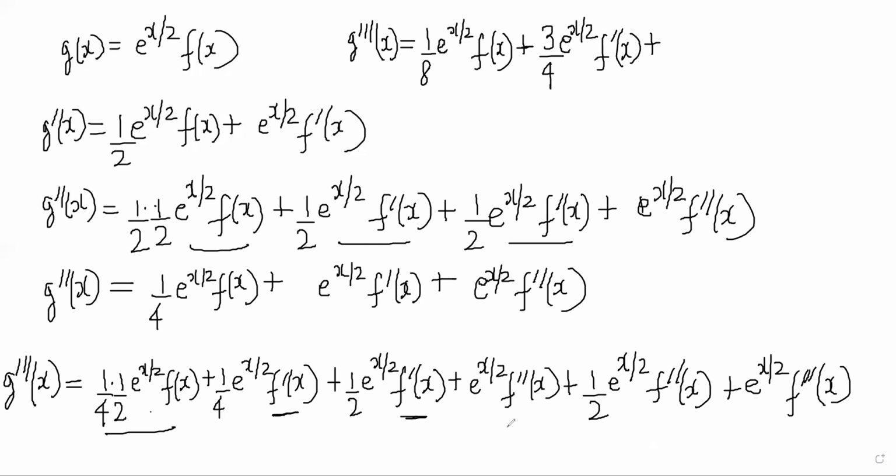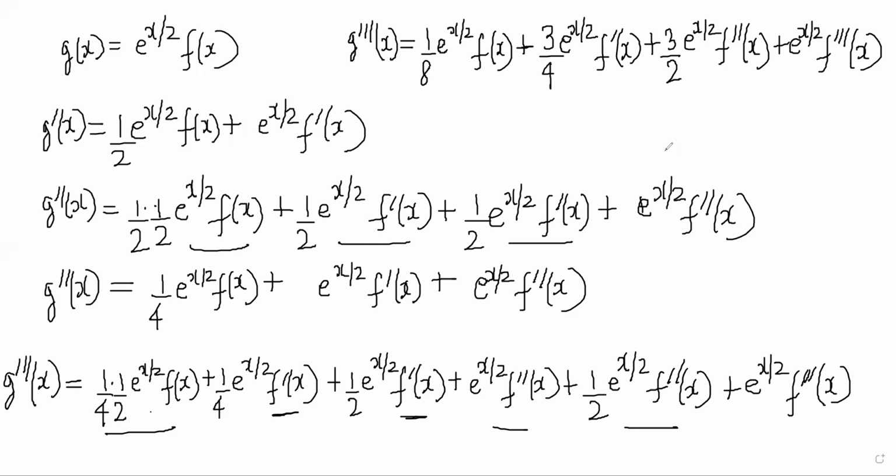Plus double derivative terms are here and here, so 1 plus 1 by 2, that is 3 by 2 e^(x/2) f double dash x. And finally, e^(x/2) f triple dash x.